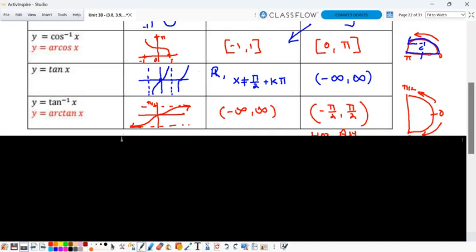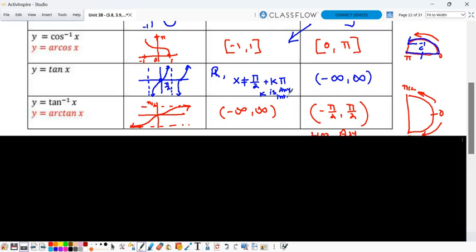Let's talk about tangent inverse. Tangent graph passes through 0, 0. It's an increasing function and the domain is all real, but x cannot be the asymptotes, the first at pi over 2. This is a really good review for the assessment as well. K is any integer. Of course, I forgot to write that.